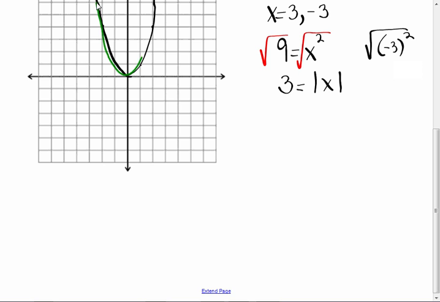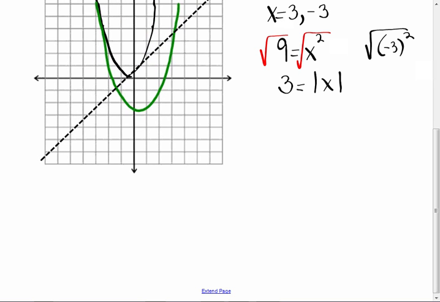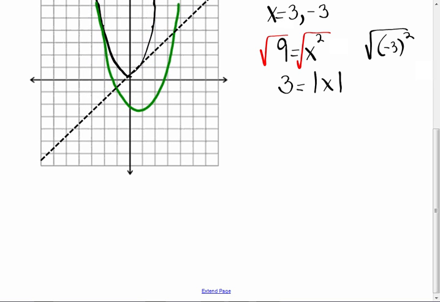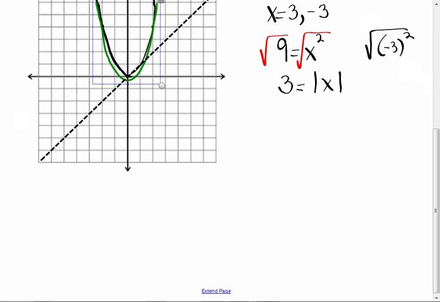I'm not directing this very well. And then we can graph y equals x. I've got a problem. Try that one. There's y equals x. Now I'm going to take this, and I'm going to move it. And I didn't want to do that.